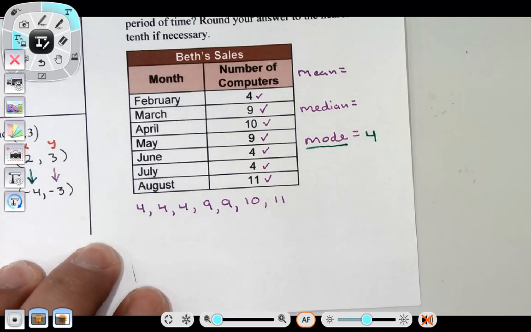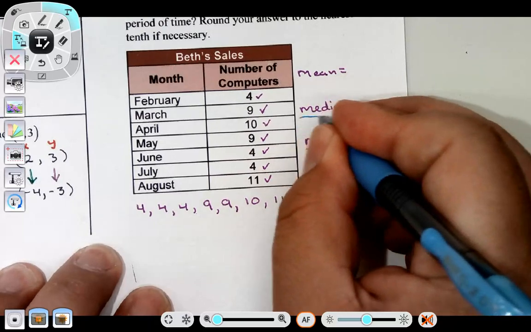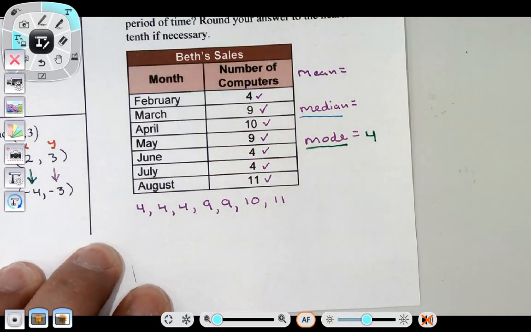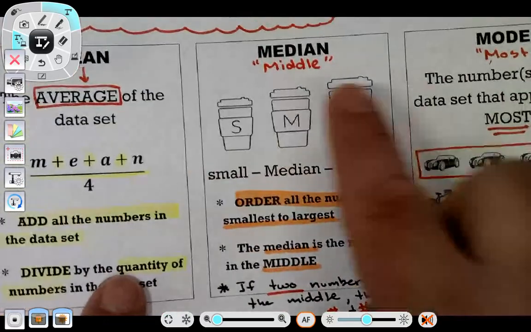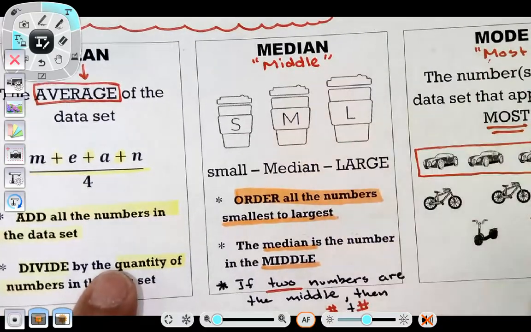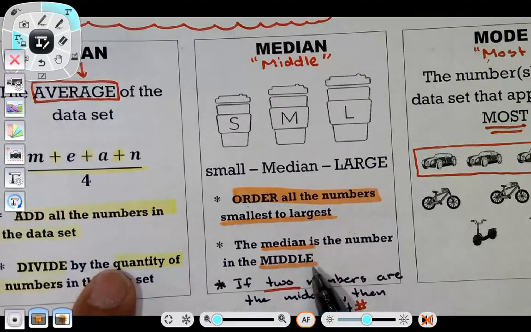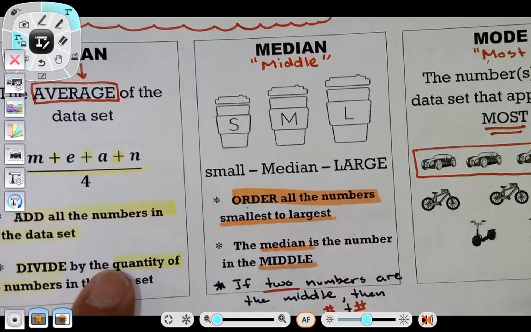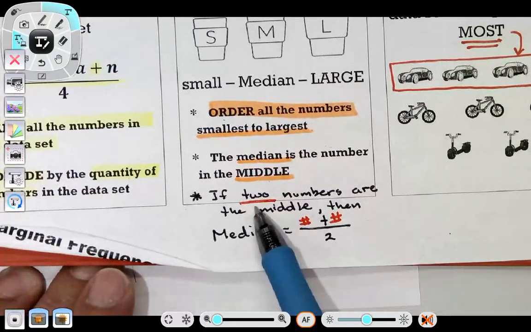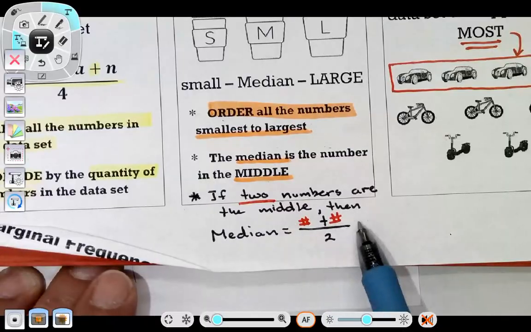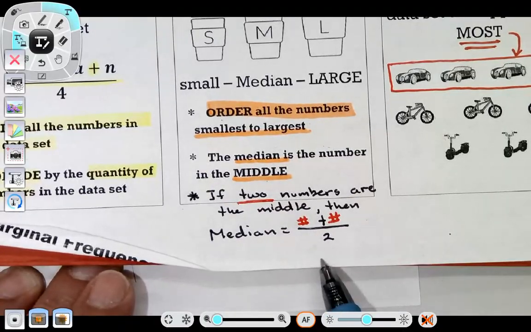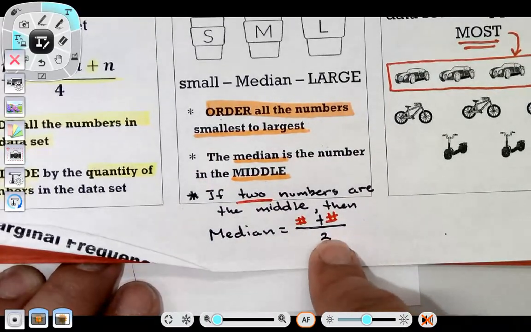The other one that's kind of quick is the median. According to the word wall, if you're going to find the median, aka the middle, put the numbers in order. Okay, we did that. The median is the middle number. But we did add this: if there's 2 numbers in the middle, then you're going to have to add them and divide by 2. Do I have to do this every single time?